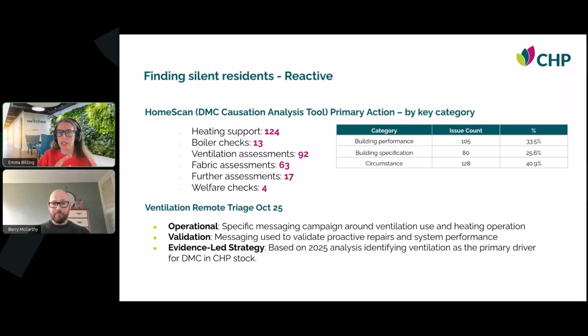And I know that this is something that evolved over the course of the winter, which was your categorization. That was an ask of the organization as a result of one of the first times you were having visibility of things that were directly under your control, like the building fabric specification, but also things that may be harder to manage, looking more at the circumstances in the home, which could be anything from the vulnerabilities of that resident, or the fact that the property has experienced hoarding issues, or you have a resident who may be struggling with fuel poverty.